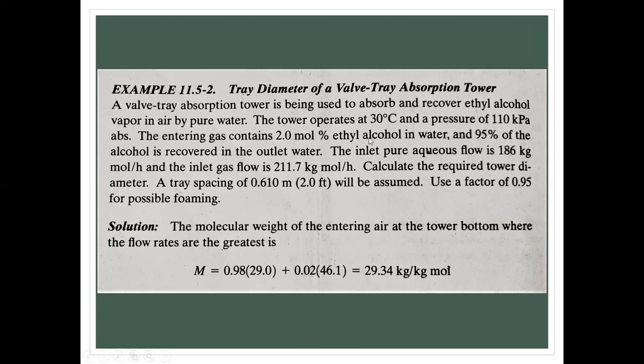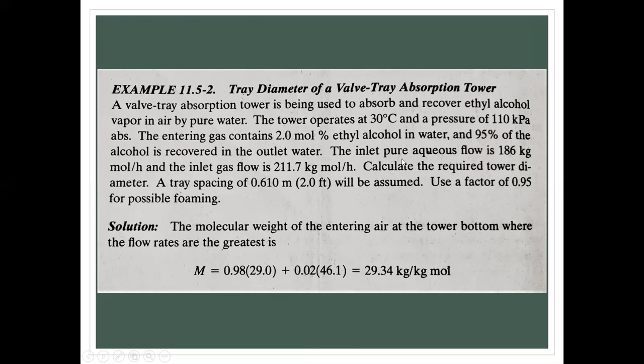The operating temperature and pressure of the column is stated. Your gas has 2% mole by mole ethyl alcohol, and 95% of the alcohol is recovered in the outlet water. So 95% of the 2% will be recovered by the solvent water.